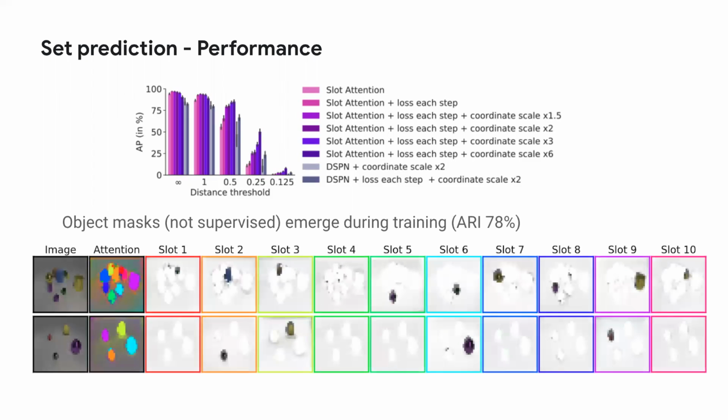Another very nice thing is that object masks emerge during training. You can visualize what slot attention has learned by visualizing the attention masks, and the attention masks actually segment the scene in a pretty meaningful way and achieve a pretty decent ARI score, which is a segmentation score.